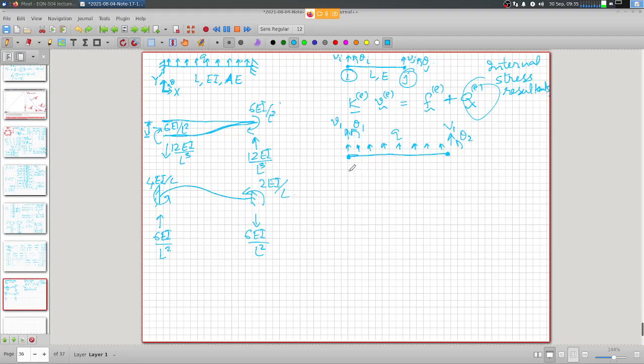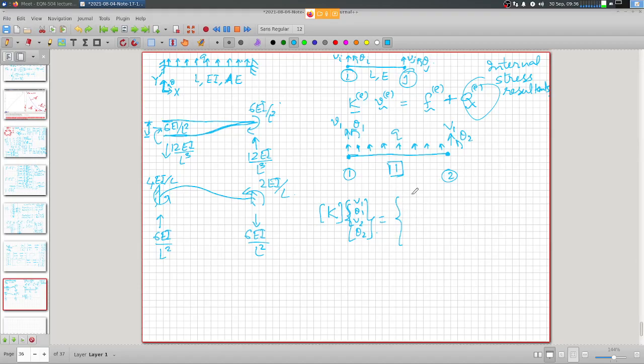These are the 4 degrees of freedom, and this is node 1, node 2, and this is element 1. So the stiffness matrix, whatever we have, remains the one element stiffness matrix, no assembly required, that is the complete structural stiffness, multiplied by whatever the degrees of freedom are, V1, theta 1, V2, theta 2, is equal to the forces.